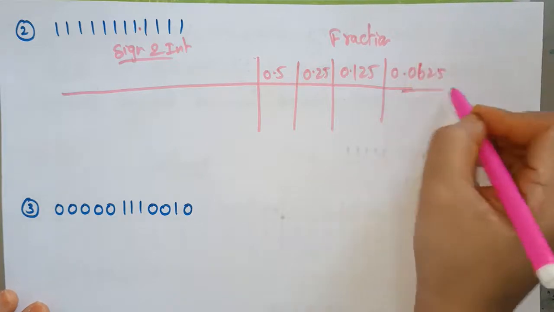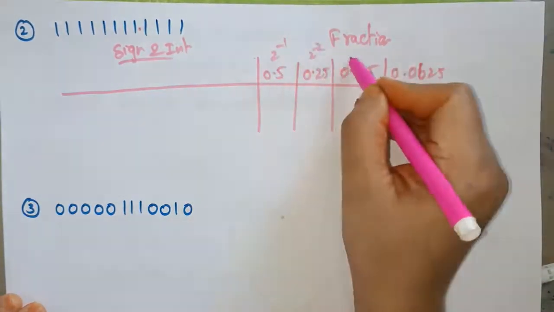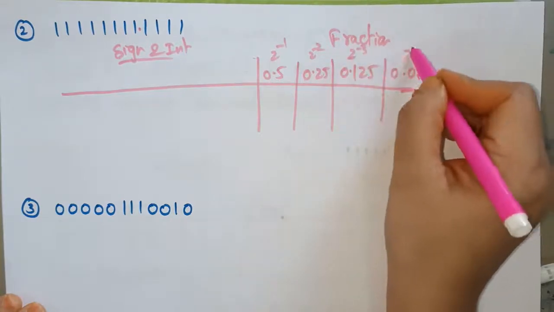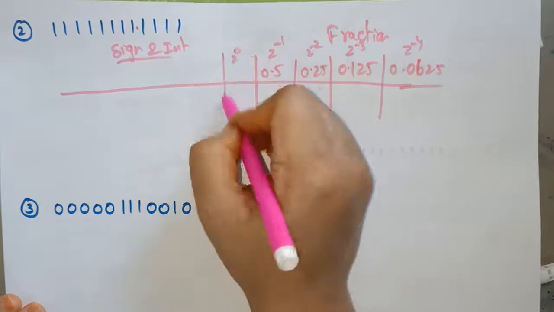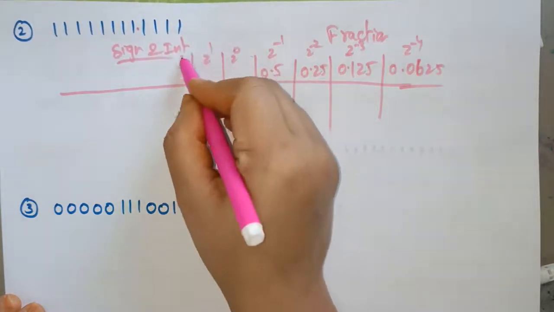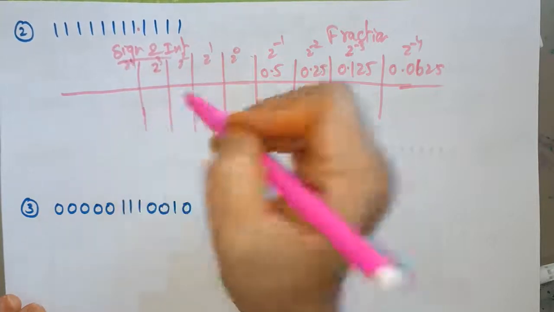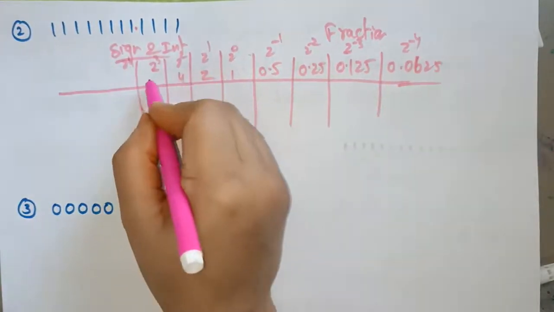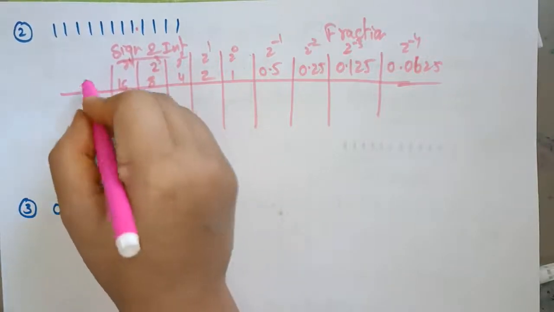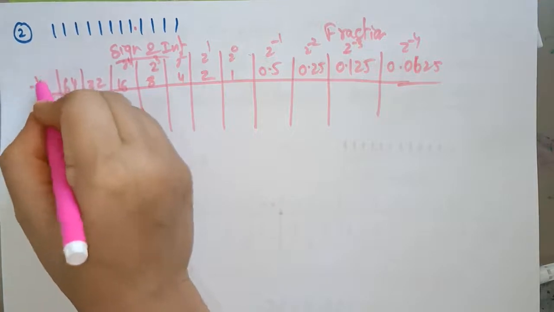I already said how you got this 0.5: 2 power minus 1, 2 power minus 2, 2 power minus 3, 2 power minus 4. And in the integer part, 2 power 0, 2 power 1, 2 power 2, 2 power 3, 2 power 4 and so on. That means you get 1, 2, 4, 8, 16, 32, 64 and the last number is minus 128.